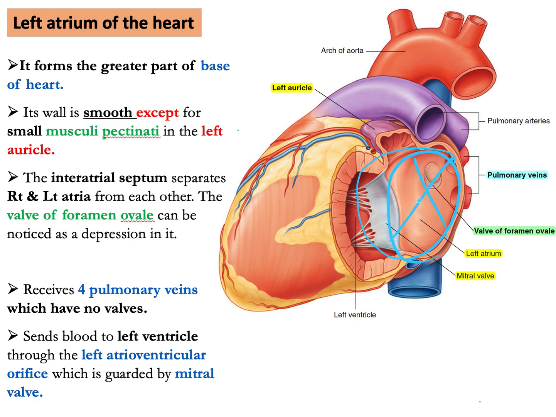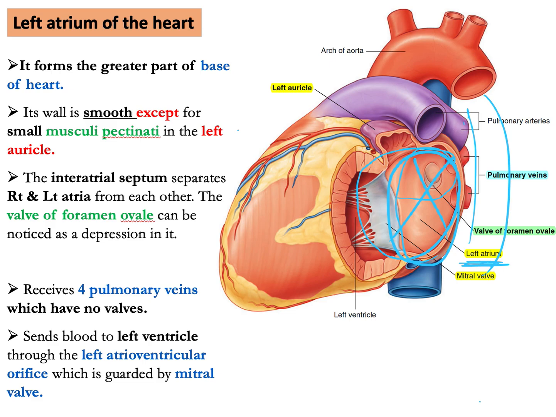As you know, guys, from the previous two lectures or so, the left atrium is located posteriorly, and it's located just anterior to the esophagus. And we mentioned that the left atrium forms the greater part of the base of the heart, because the base of the heart is formed mainly by the left atrium and part of the right atrium.